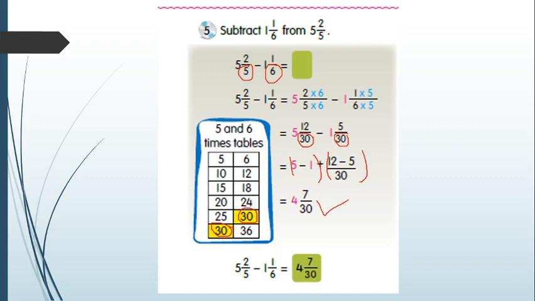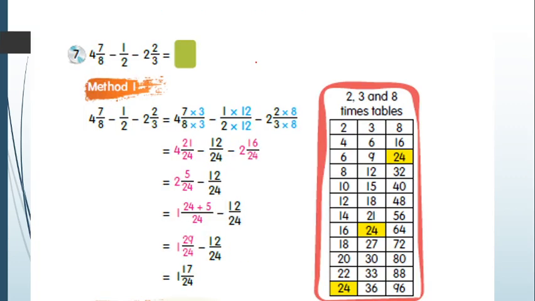Okay, the most important thing here is you understand the denominator is the same and how to find the common denominator. Alright, next one. This question has three denominators, and they are different.